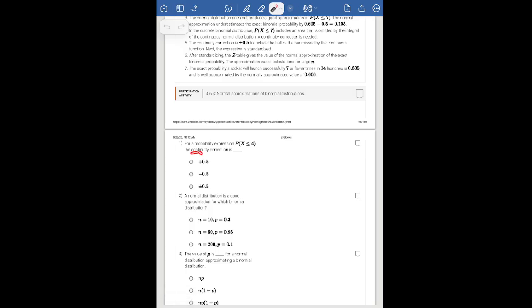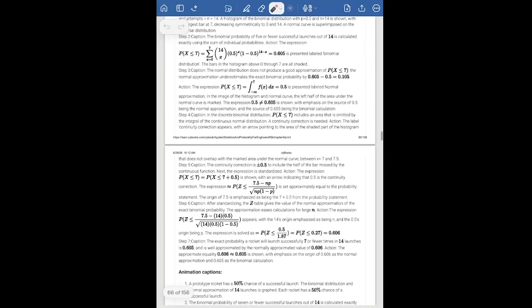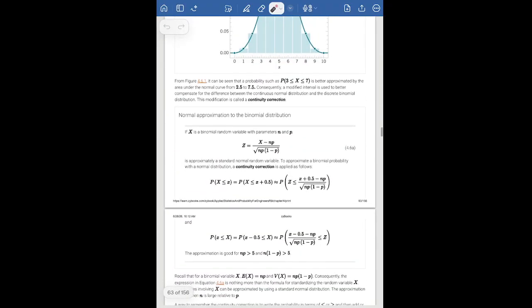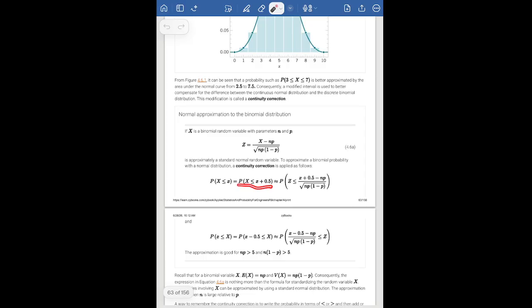Understanding that continuity correction is important, because otherwise this portion here would not make sense to many. That is what we are using. And this is below the value that we're looking for here.